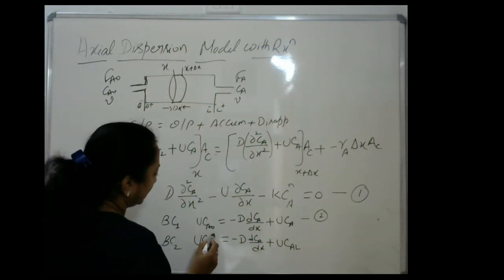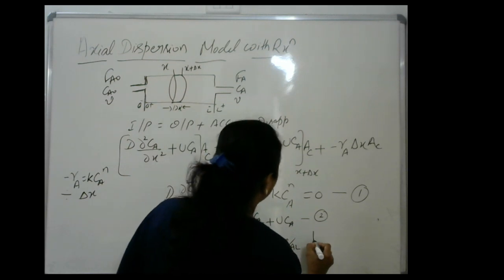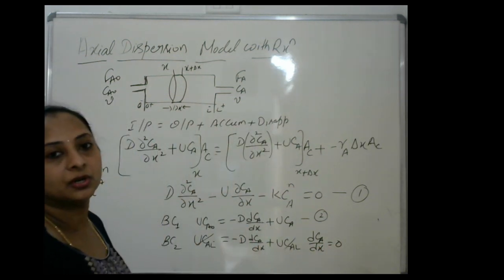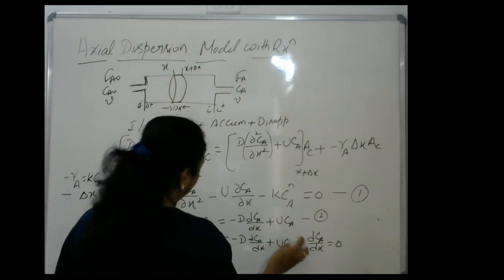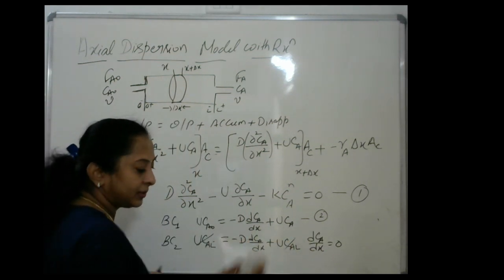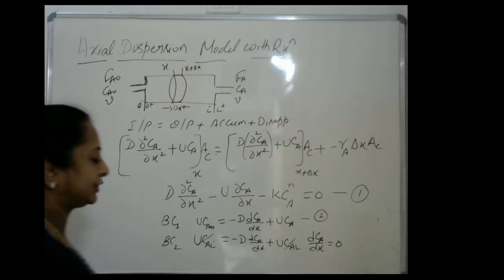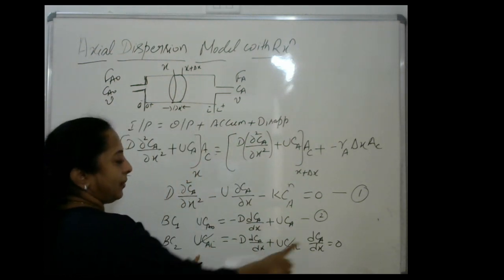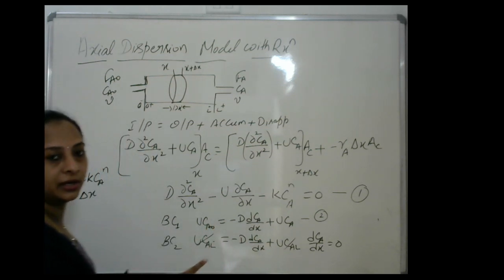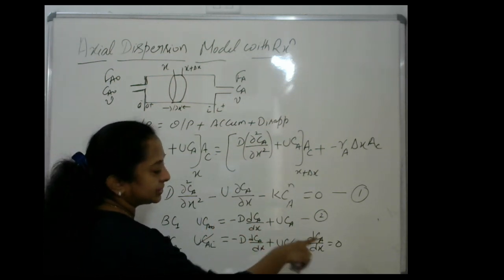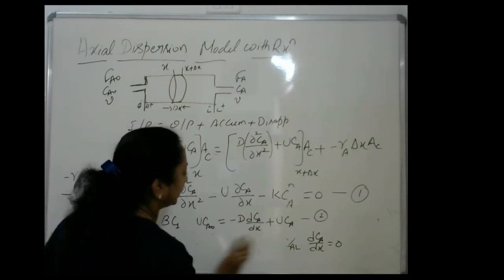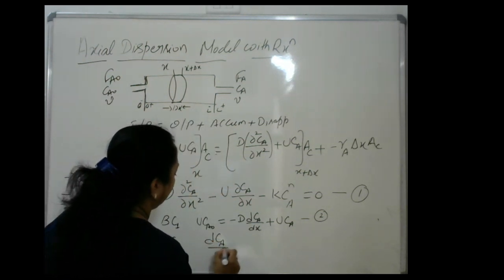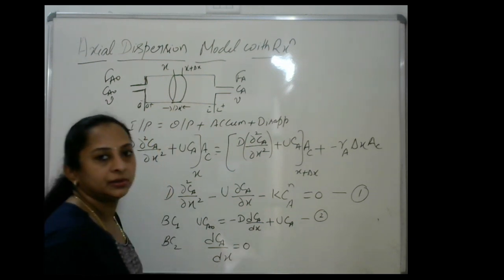So I can now write dCa/dx equal to 0. This was done by Danckwerts. So we call these Danckwerts' intuitive boundary conditions. Let me write the final boundary condition, the second boundary condition, as dCa/dx equal to 0. That will be sufficient.